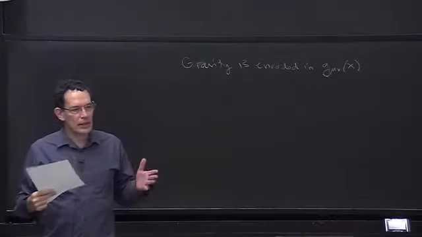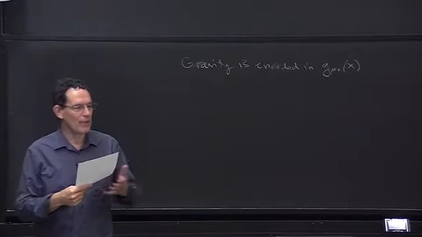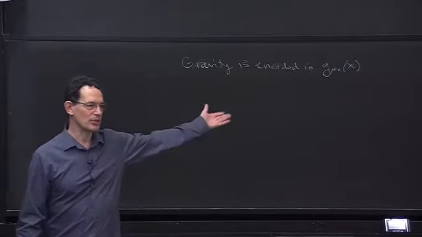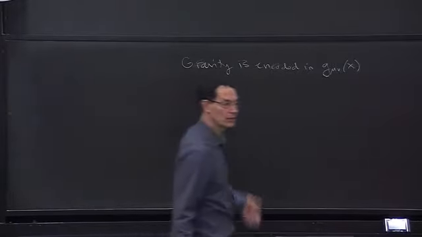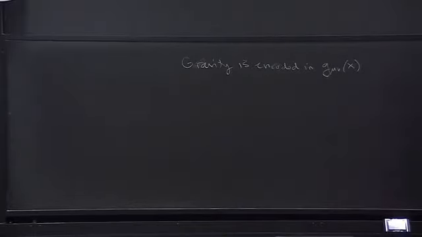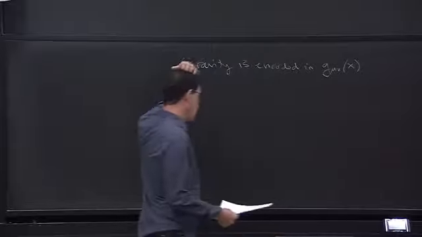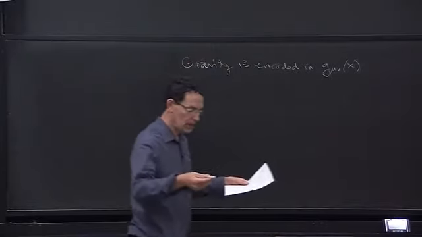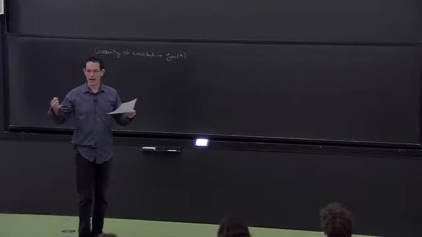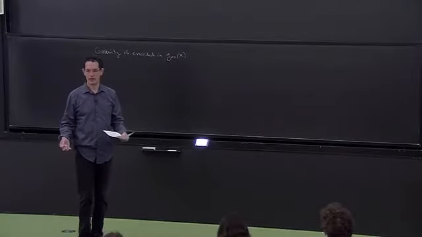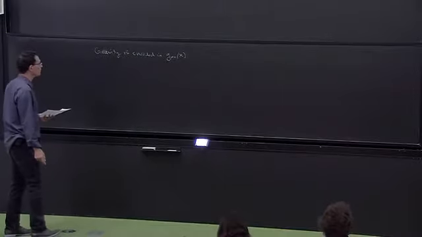Okay? And immediately you get the idea that everything's going to fall the same under gravity because every object sees the same g mu nu of x. So that's how you'll explain that all objects of any mass all fall in exactly the same way, because they're all falling in the same g.